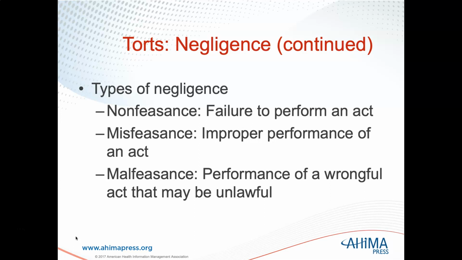So again, nonfeasance was they didn't perform an act that they should have and should have known to do, and an injury or some type of damage resulted. Then you have misfeasance. That's where they did perform the act that was expected or needed, but they didn't do it right.